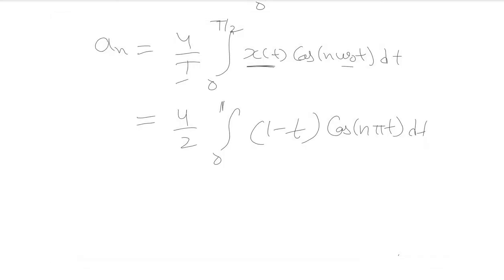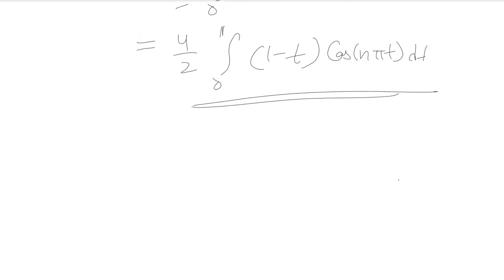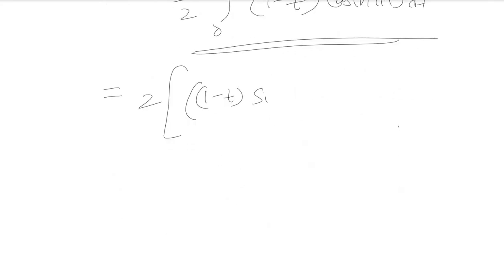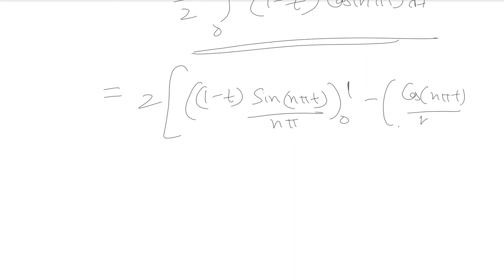Let us try to simplify this integral term now. So this will give us 2 times of 1 minus t into sine n pi t divided by n pi, range will be 0 to 1, minus cos of n pi t divided by n square pi square, range will be again 0 to 1.